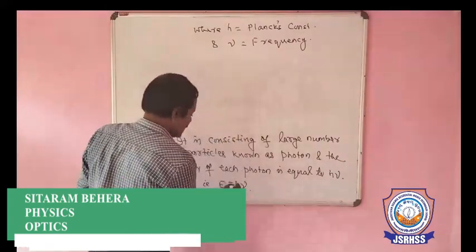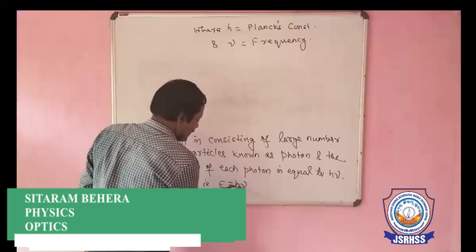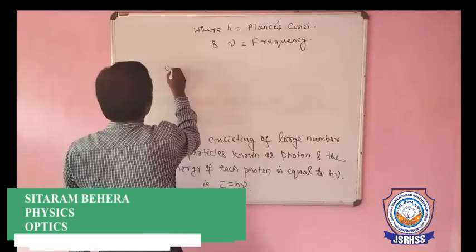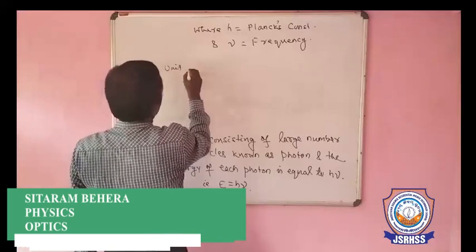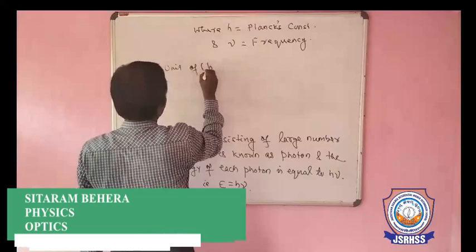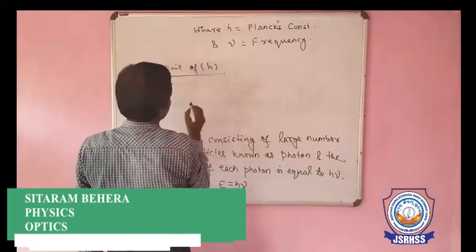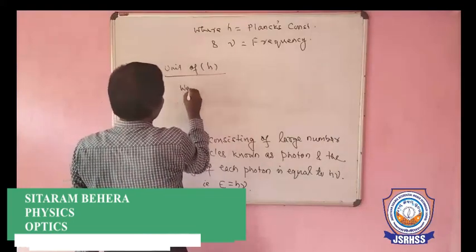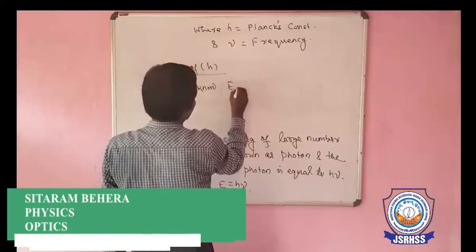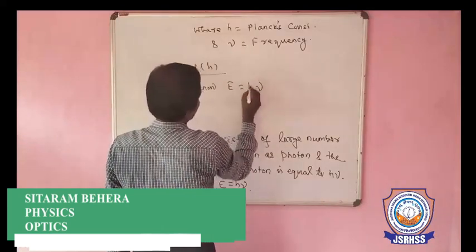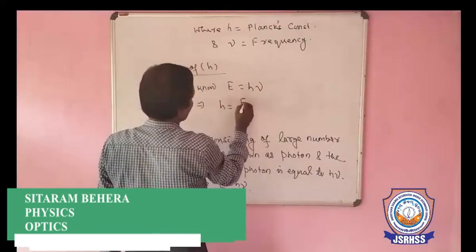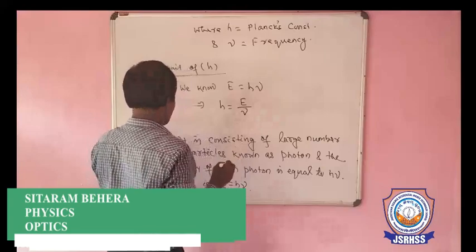Now say find out the unit of Planck's constant, unit of h. Say we know E is equal to h nu, implies h is equal to E by nu.